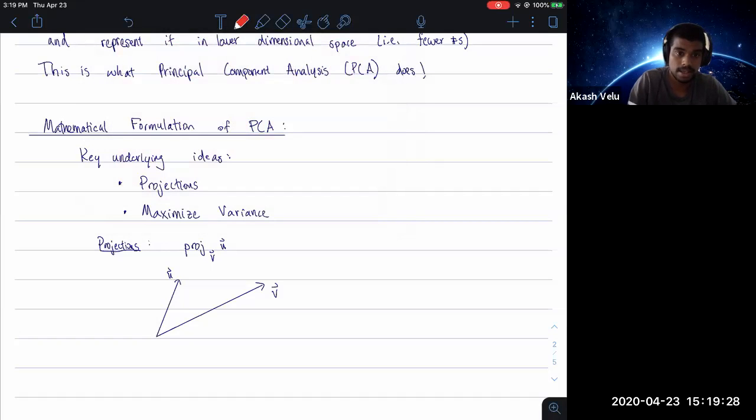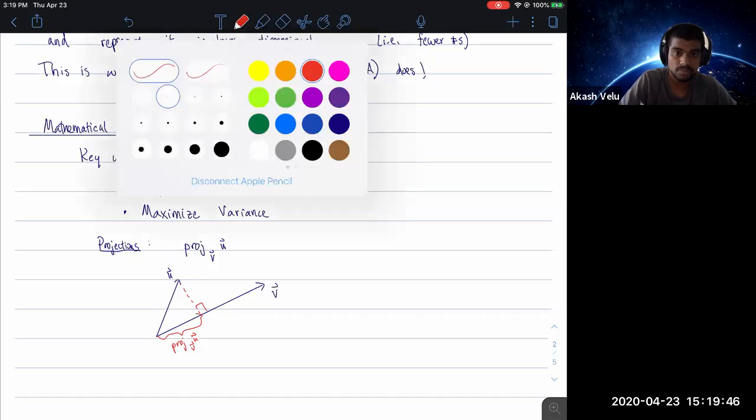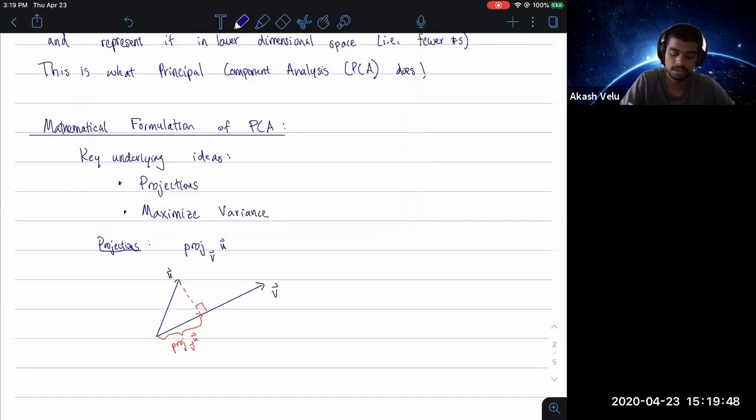Okay, so then the projection of u along v is we're going to drop an orthogonal line from u onto v. So it's a right angle right here. And this part right here is the projection of u onto v. So mathematically speaking, the projection is typically a vector.